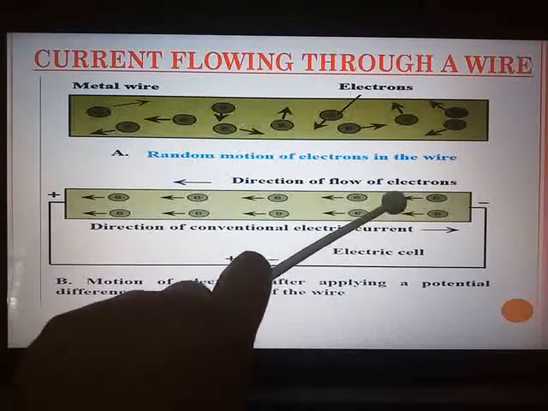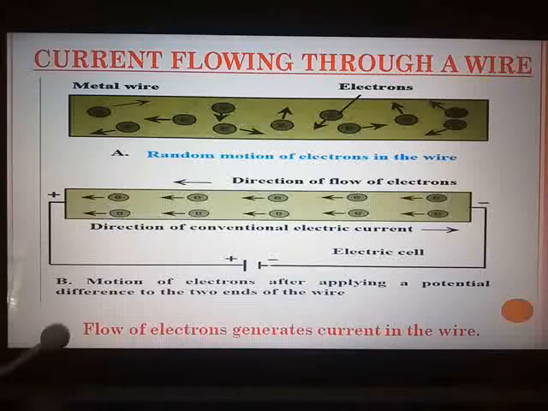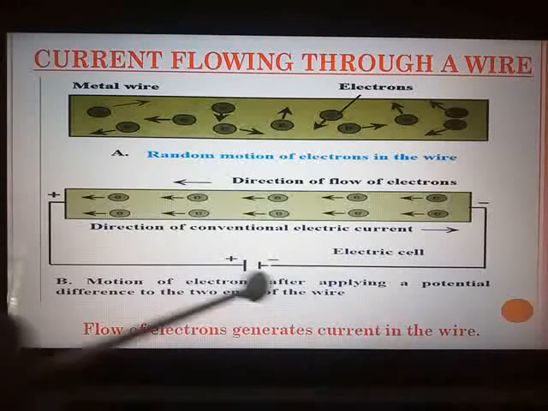You can see the arrow, they will start moving from the negative to the positive terminal of the cell. And due to the flow of these electrons, current starts to flow through the wire, and thus we can conclude here that flow of electrons generates current in the wire.